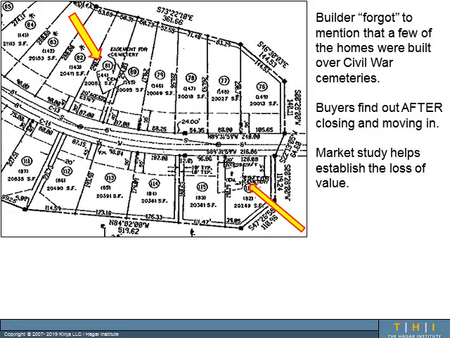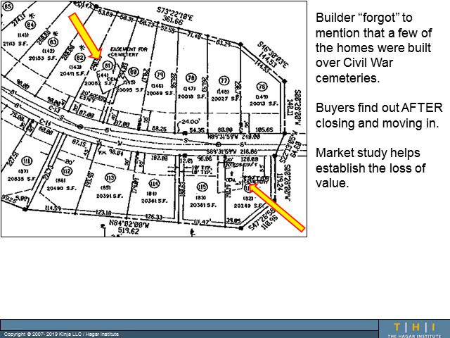Here was another one, and this is in a subdivision of newer homes, and the arrows point to some little areas. These were called cemeteries. They were Civil War cemeteries. The builder came in and subdivided the land into these lots, built houses on them, and just kind of forgot to mention to the buyers that there were cemeteries underneath the houses, or in the backyard, as the one on lot 81 or 61 that was up there.